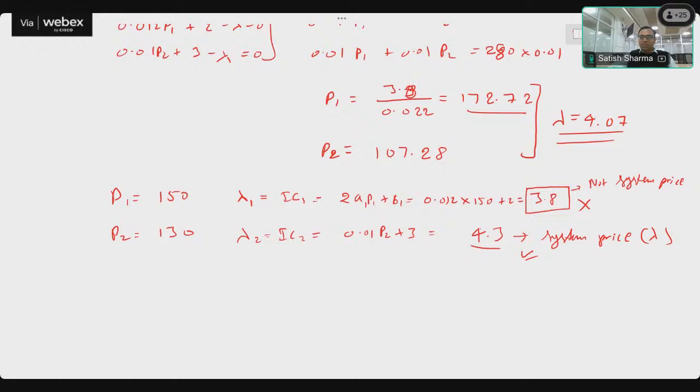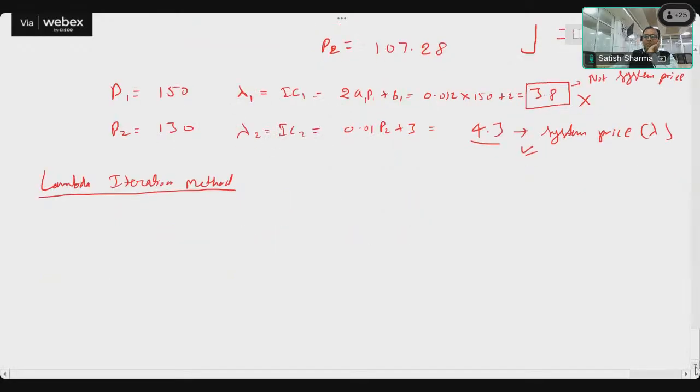So based upon the same philosophy, we can develop a method, and generally it is called the lambda iteration method. How does the lambda iteration method work? It can work in a distributed fashion.